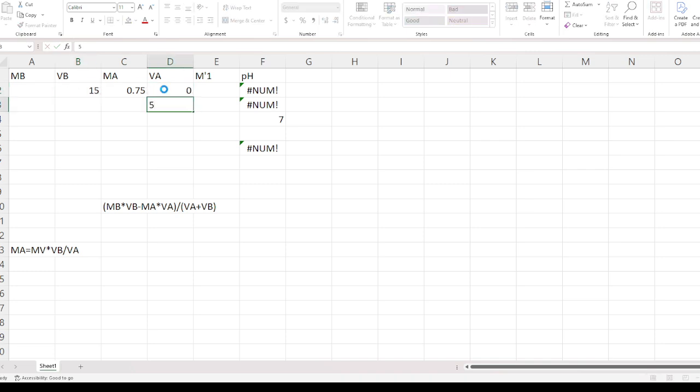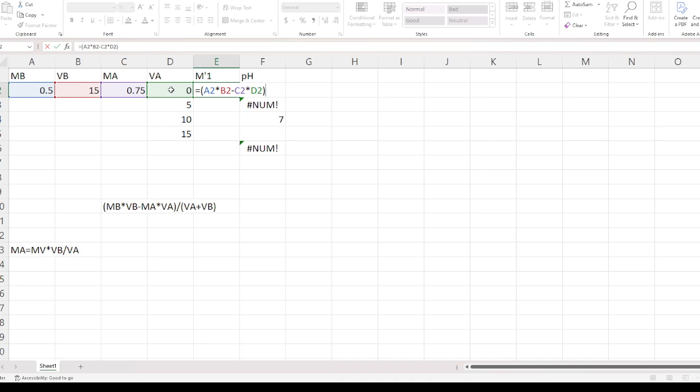And so 0.75 times 10 divided by 15 gives us a concentration of base of 0.5. This is going to, of course, equal this in parentheses times this minus this times that.